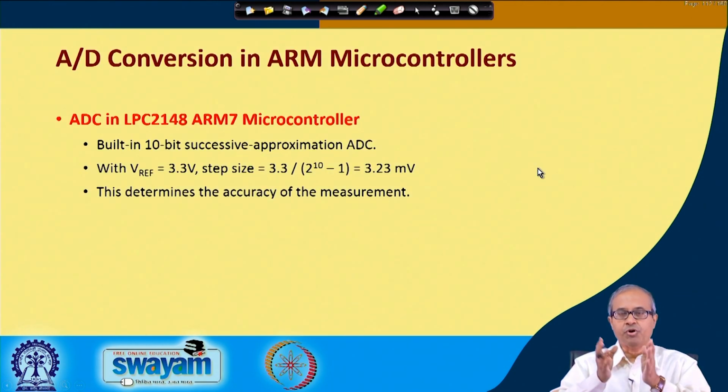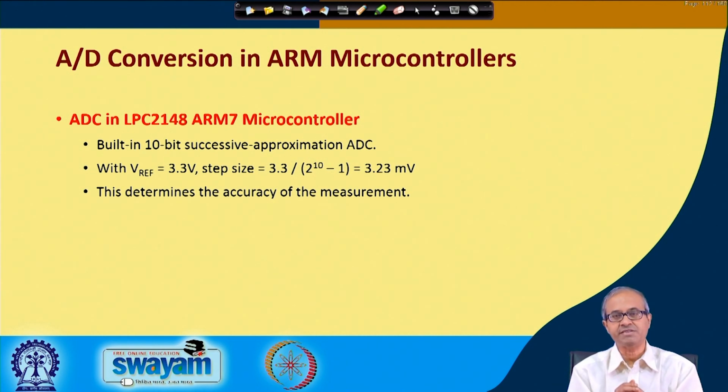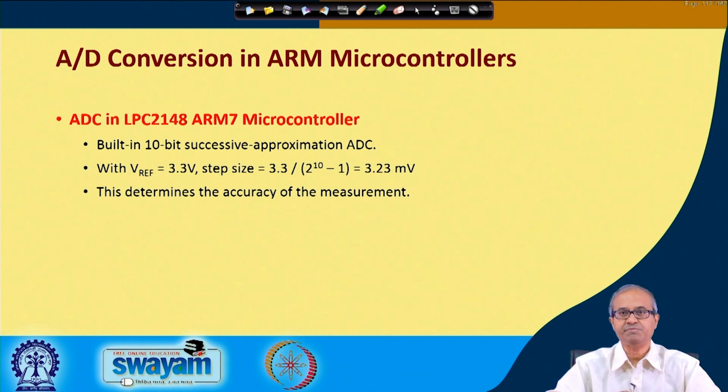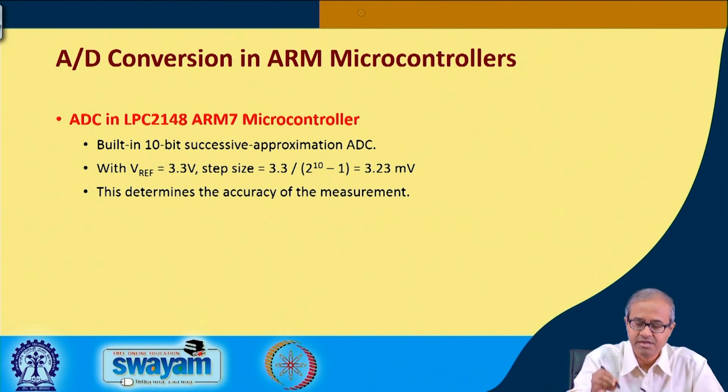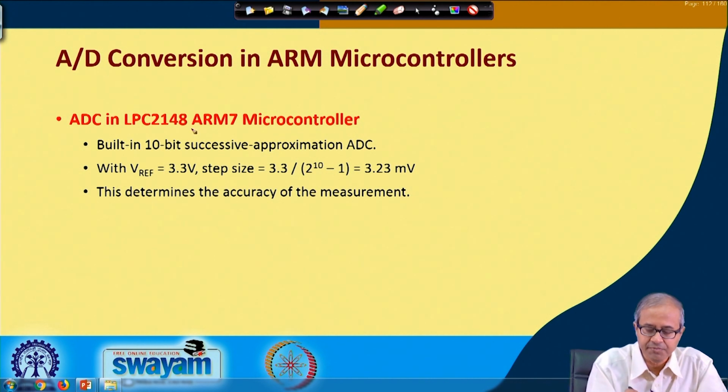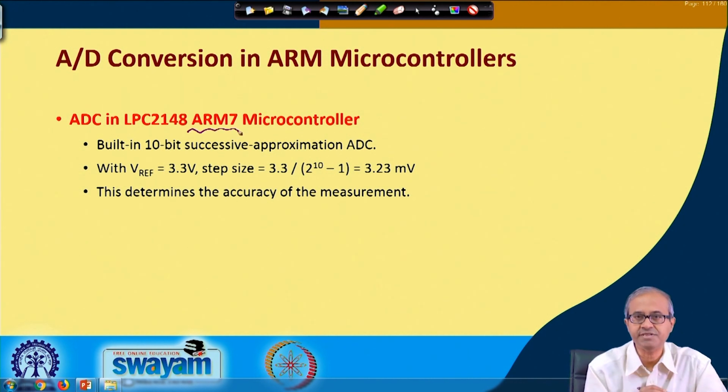Now, talking about the ARM microcontrollers, what kind of AD conversion facilities are there in the ARM microcontroller? You see, DA conversion is easy, you only need some resistances to make a DA converter, but AD conversion is more difficult. So, you need to have some special circuitry to do AD conversion. Okay? Let us look at some of the older generations of ARM first.